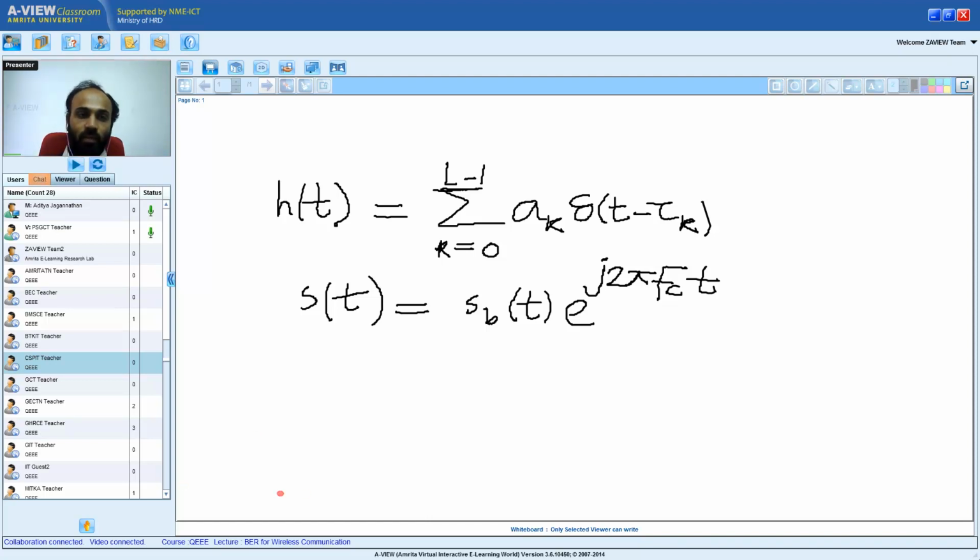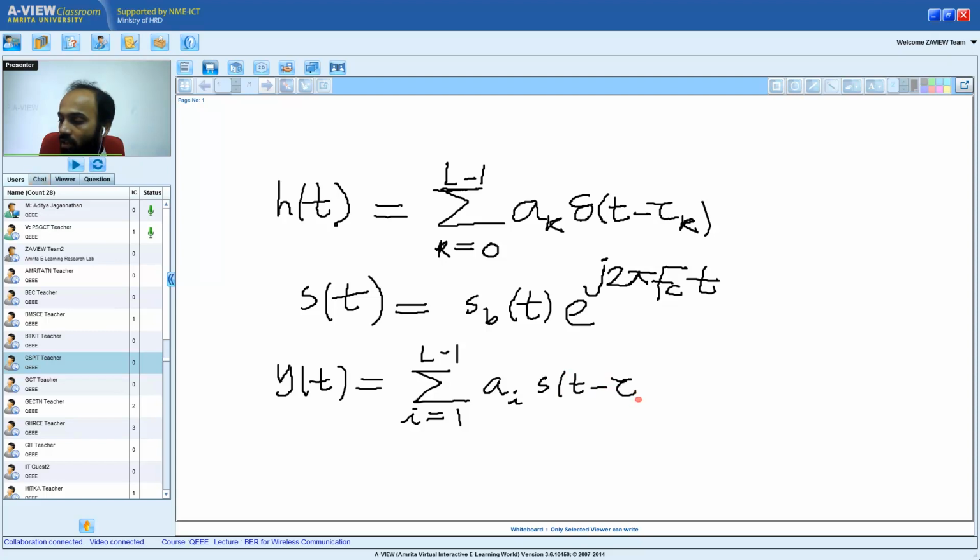y(t) equals the summation, i goes from 1 to L minus 1, of a_i s(t minus tau_i), into e power j2π, okay, let me write it a little more.